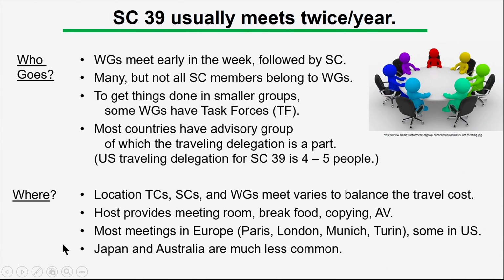So as a consequence of this process, it's much less likely that meetings in Asia, in Japan, Australia, and so forth are less common because it means more travel for the aggregate group of delegates. However, in the sake of fairness, there will occasionally be meetings there because it's not appropriate that the delegates from Asia should bear a larger share of the cost of travel.